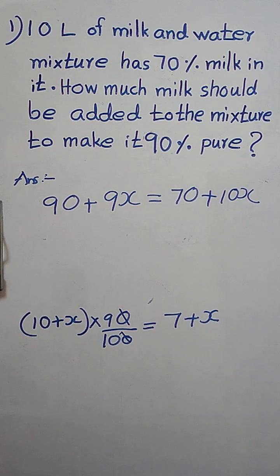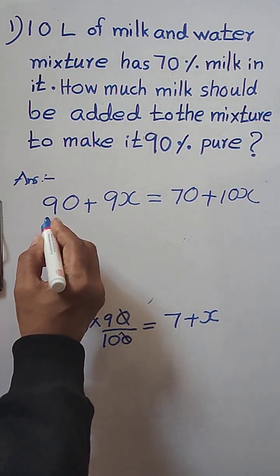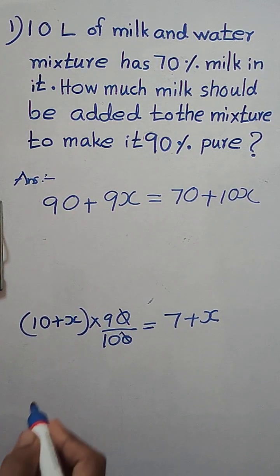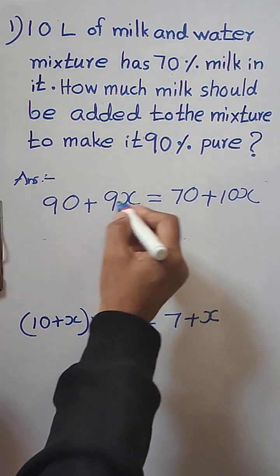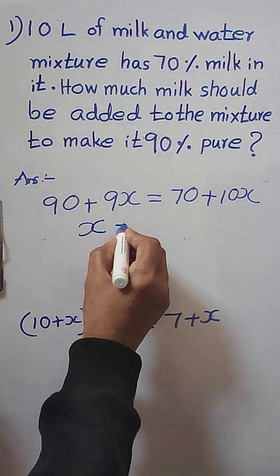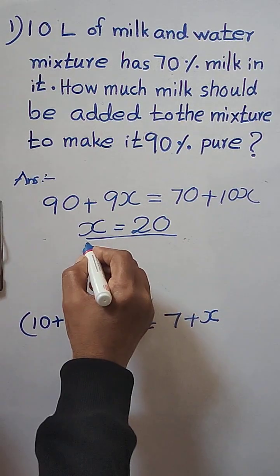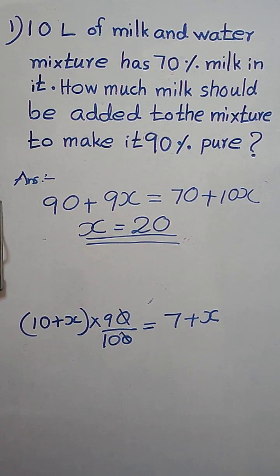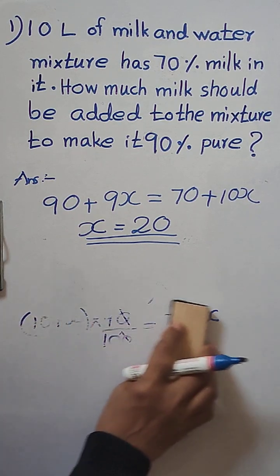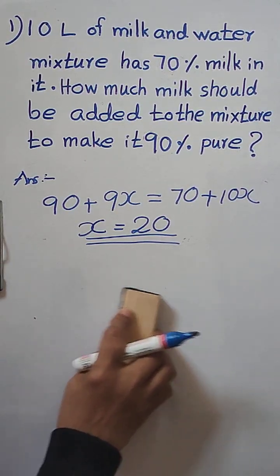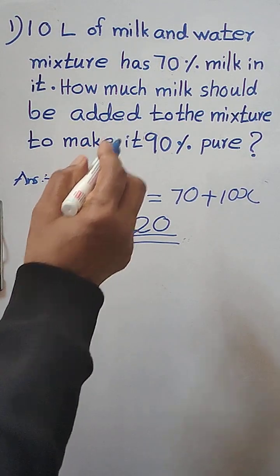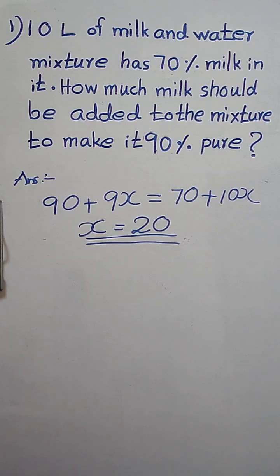Now 10X minus 9X is X. 90 minus 70 is 20. So we directly get X is 20. So by adding 20 liter of milk, it will be 90% pure.